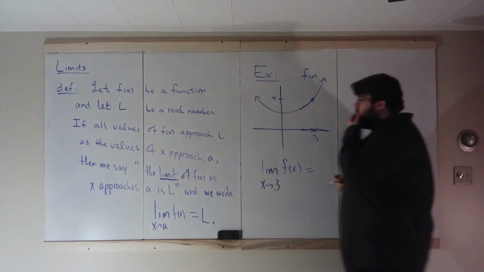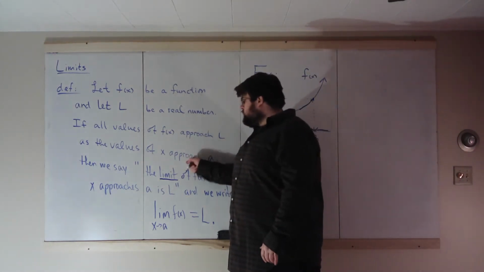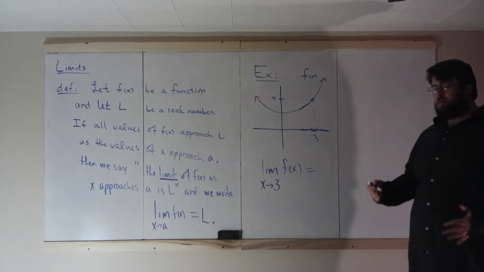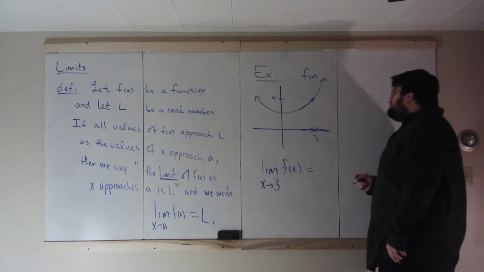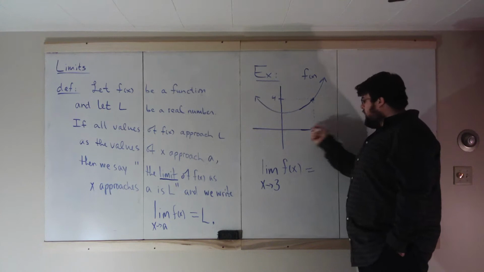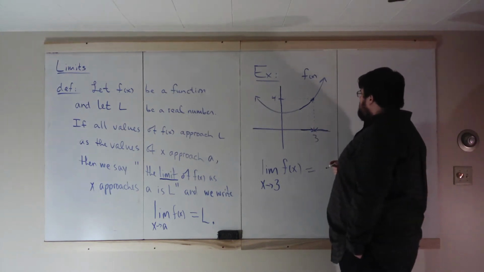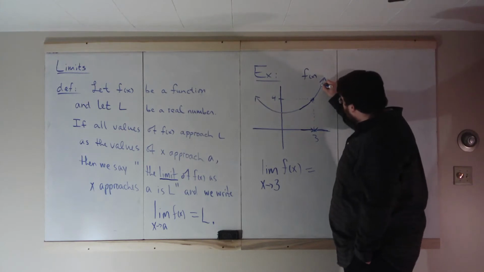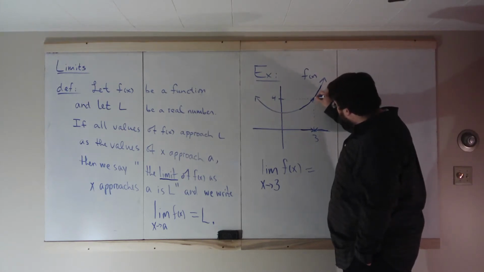As x approaches 3 over here. There are multiple ways of approaching 3. Just because we have something happening on one side doesn't mean that's all we have to consider. We can also approach 3 over here. What does the function do as x approaches 3 over here? Well, it does something like this.